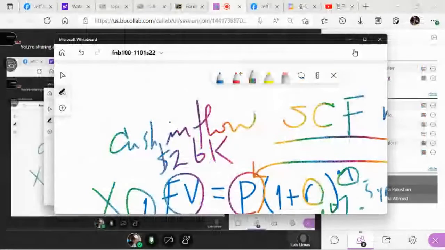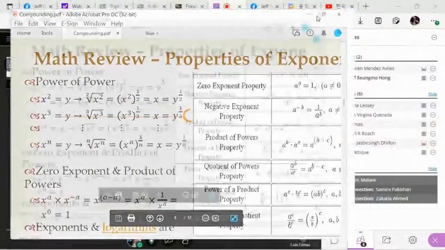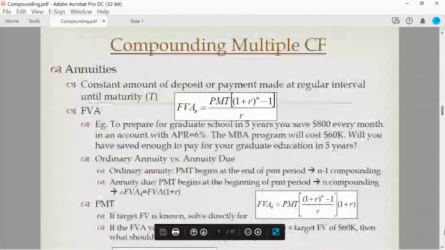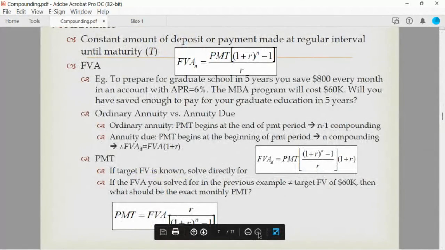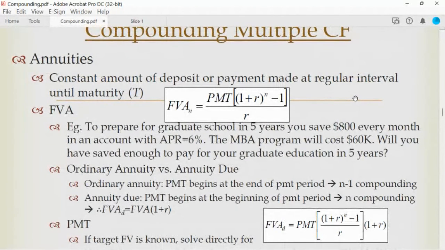So let's take a look at an example. Suppose you are preparing for graduate school, so you want to go to graduate school in 5 years.